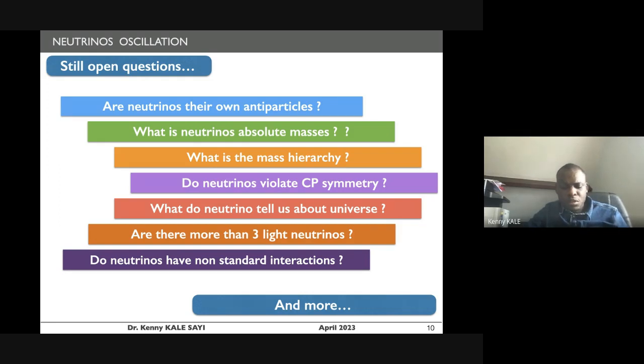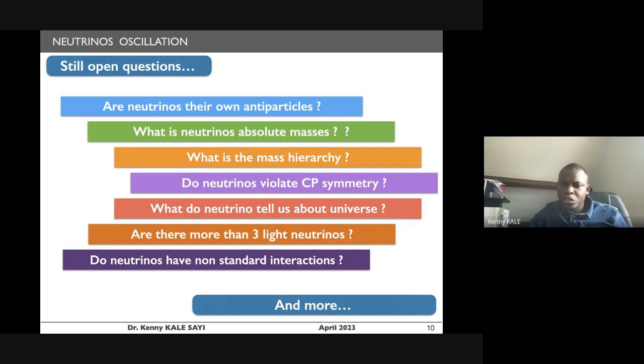And in particle physics, there is something very important, the CP symmetry. The CP symmetry is the fact that particles behave differently from antiparticles.